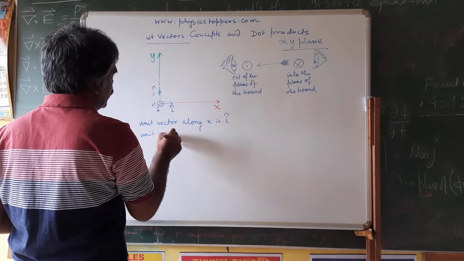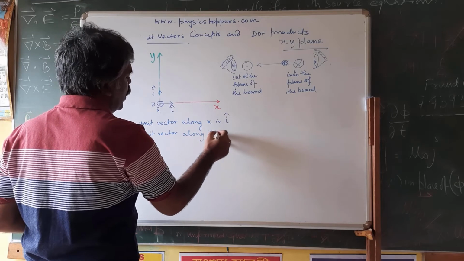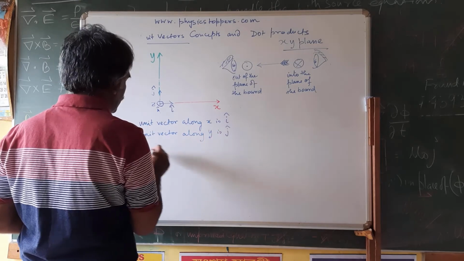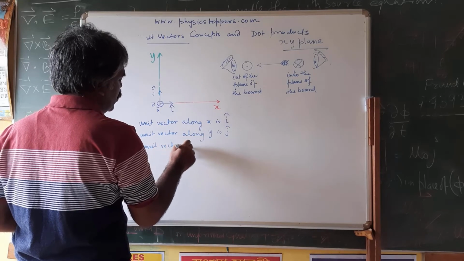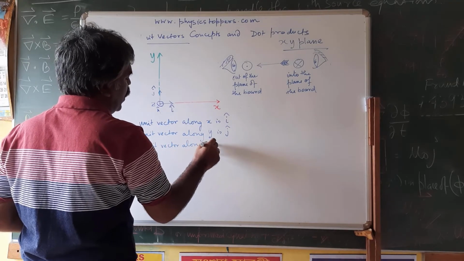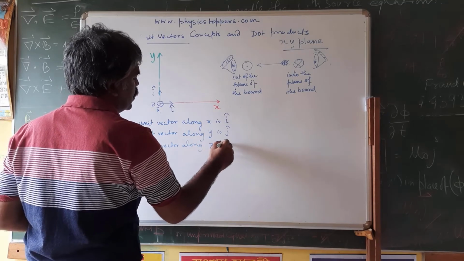The unit vector along y is j cap. The unit vector along z is k cap.